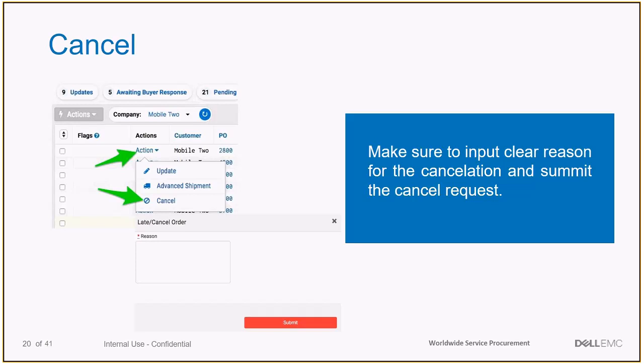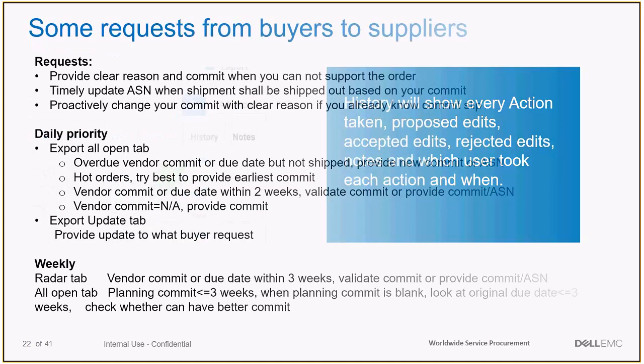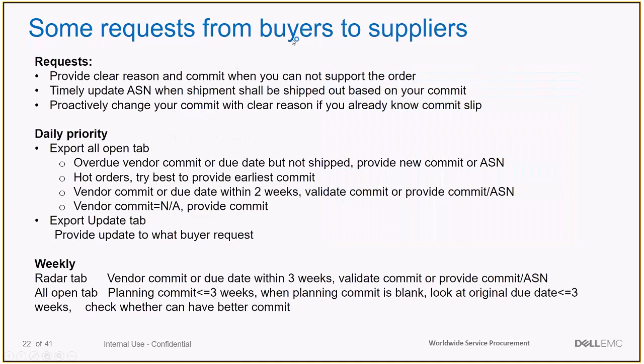Okay. Now go to the history. Oh, this is helpful. Because of what I talked about, every record, every party communication, you can click view to know the details. So for example, which day, who said what. And there are some requests from buyers to suppliers.